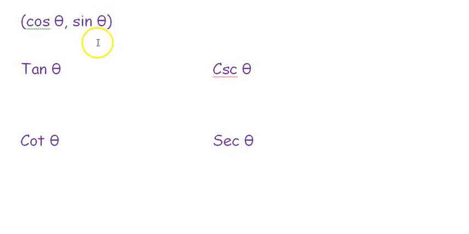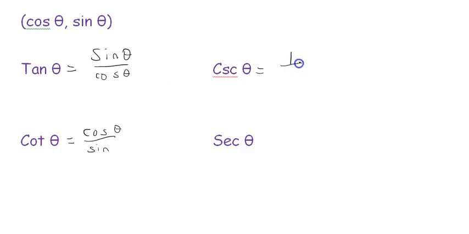And that's where you have to remember these reciprocal identities. One that you have to know is the tangent is the same thing as the sine of the angle over the cosine of the angle. The cotangent is the flip of that. It is cosine over sine. The cosecant is 1 over the sine, and the secant is 1 over the cosine.